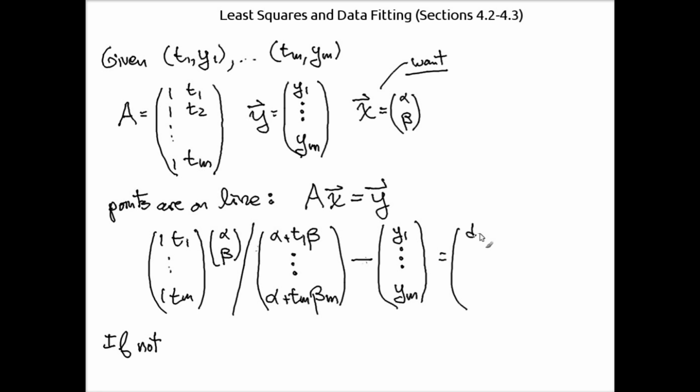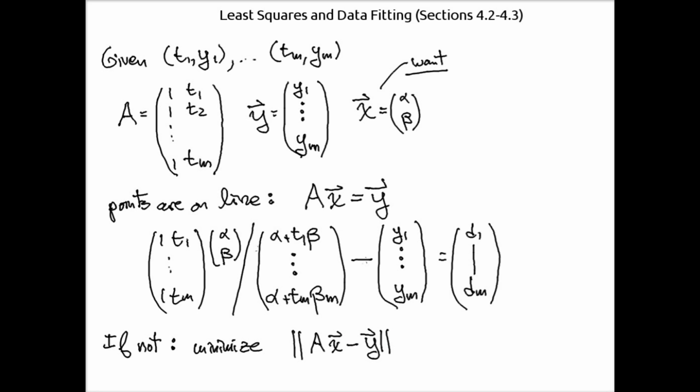This is your vector d1 through dm. And so if not, what you want to do is minimize the length of Ax minus y.